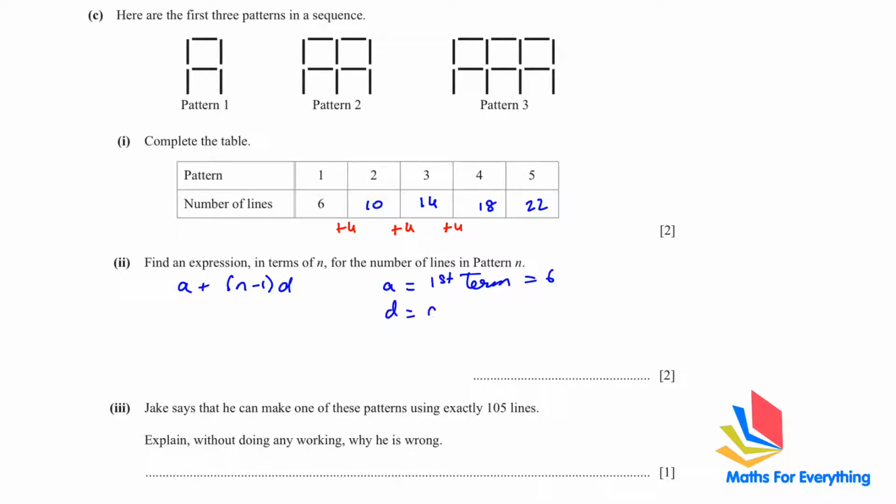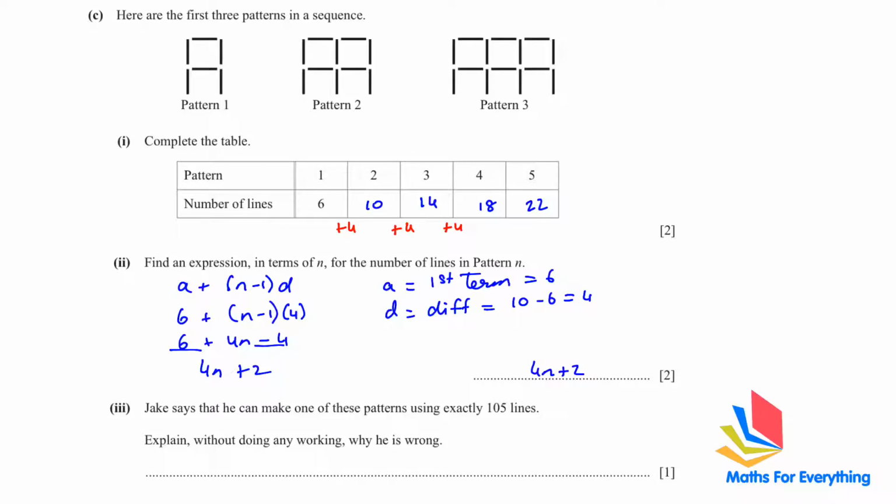D is your difference, that is the second term minus the first term. So 10 minus 6, which is 4. We just replace it now and expand the bracket. So 6 plus n multiplied by 4, 4n minus 4. Add the like terms together, 6 minus 4 plus 2, 4n plus 2.